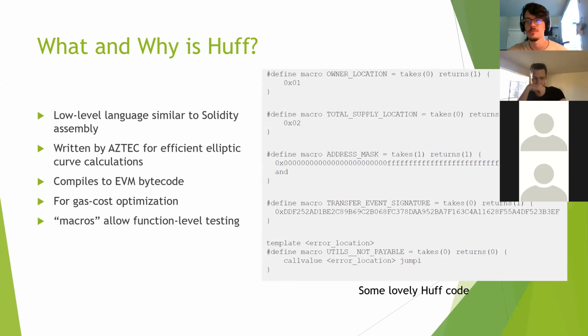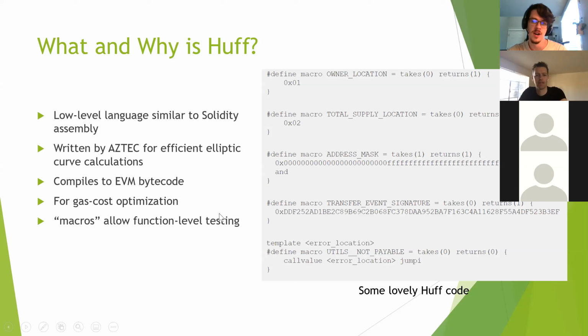They're trying to develop cryptographic libraries on Ethereum. And they developed this as part of an efficient elliptic curve library. So they really wanted to get efficient elliptic curve calculations onto the blockchain, and they did it via Huff. Of course, since it is able to be put on the blockchain, it compiles to EVM bytecode, and you can deploy it as a contract.